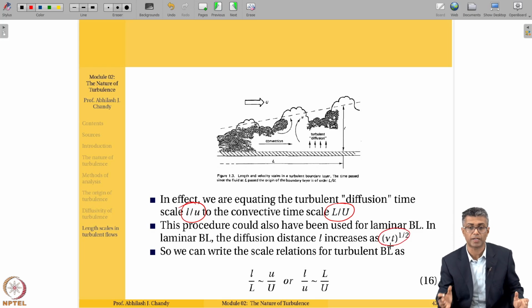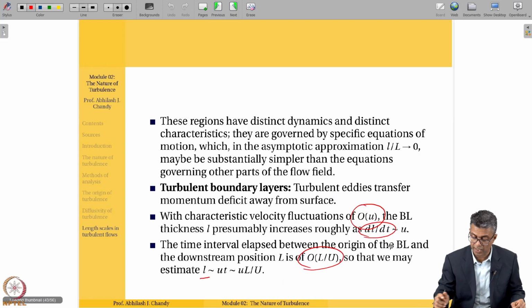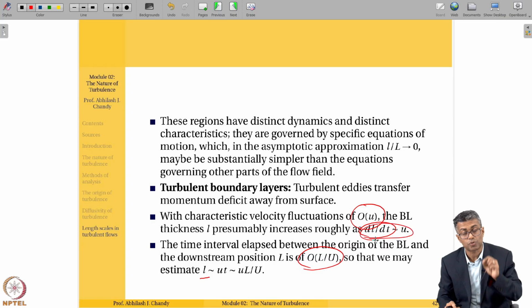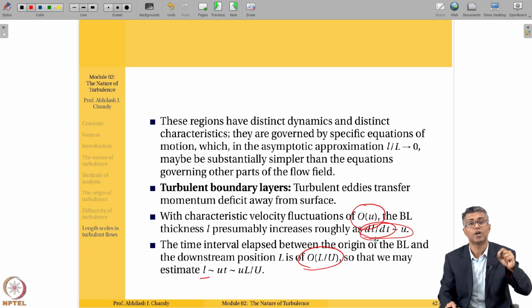In a turbulent boundary layer, it is different. It increases at a rate of small u, as we had seen here. dl/dt is small u, where small u is of the order of magnitude of the velocity fluctuations, like an RMS velocity.